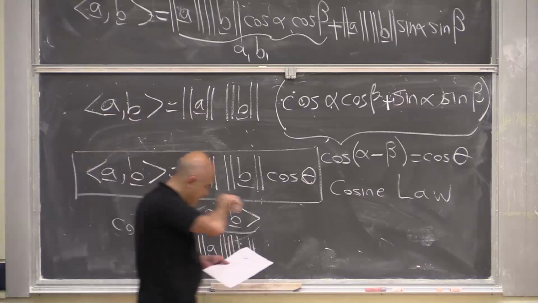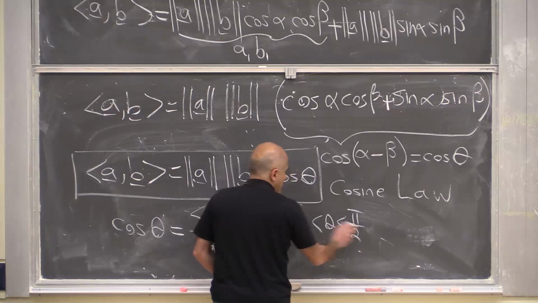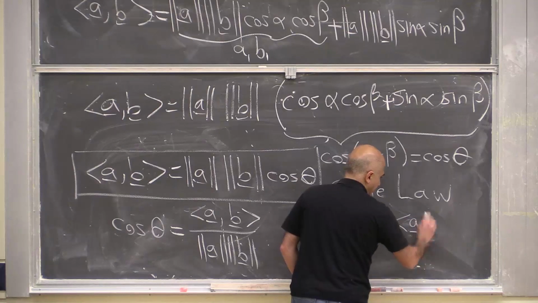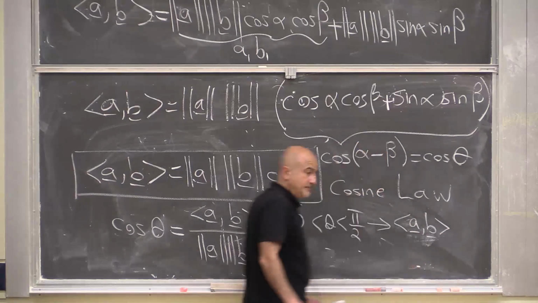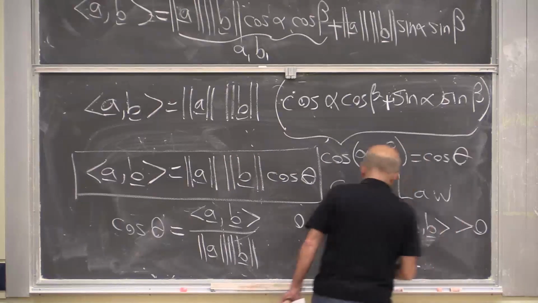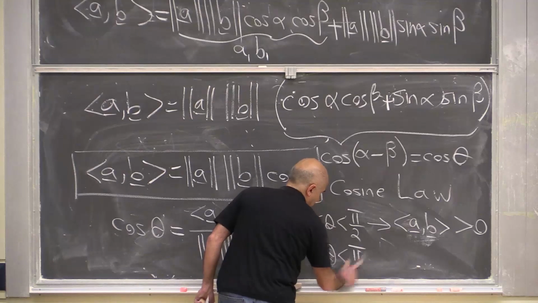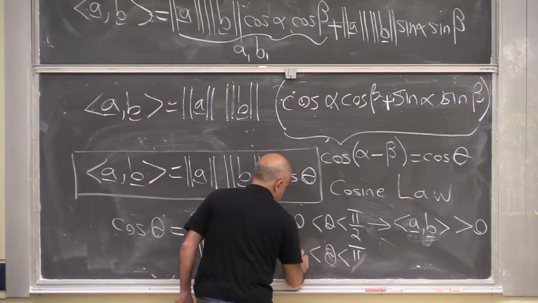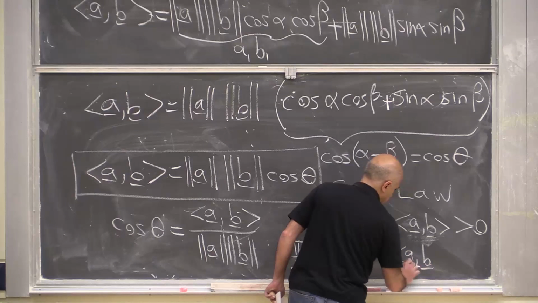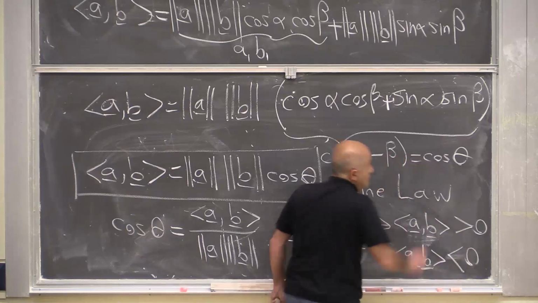So if theta is between pi over 2 and 0, then the inner product is positive or negative? Positive. And if it's between pi and pi over 2, it's negative.